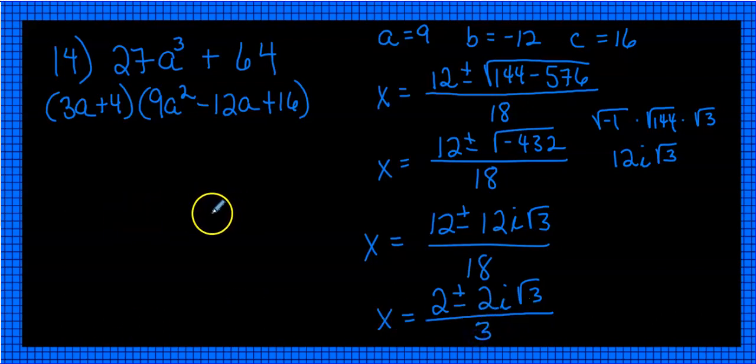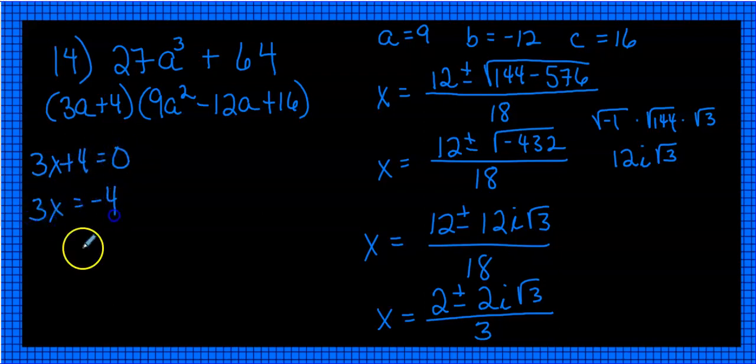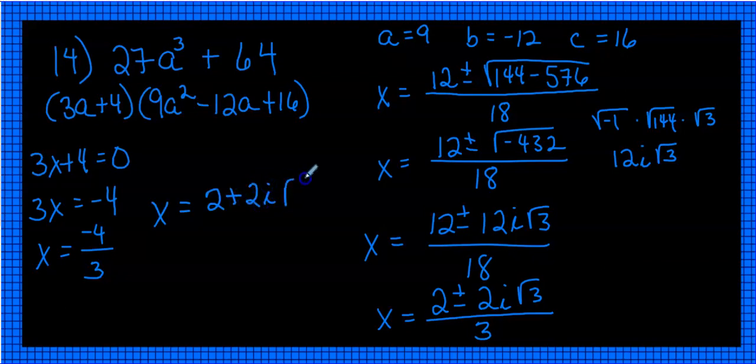All right, so if I set this up equal to 0, 3x plus 4 equals 0. So x equals -4/3 or -1 1/3. And then my other two are x equals 2 plus, and I'm writing this a little bit different just so you can see that there are two factors here.